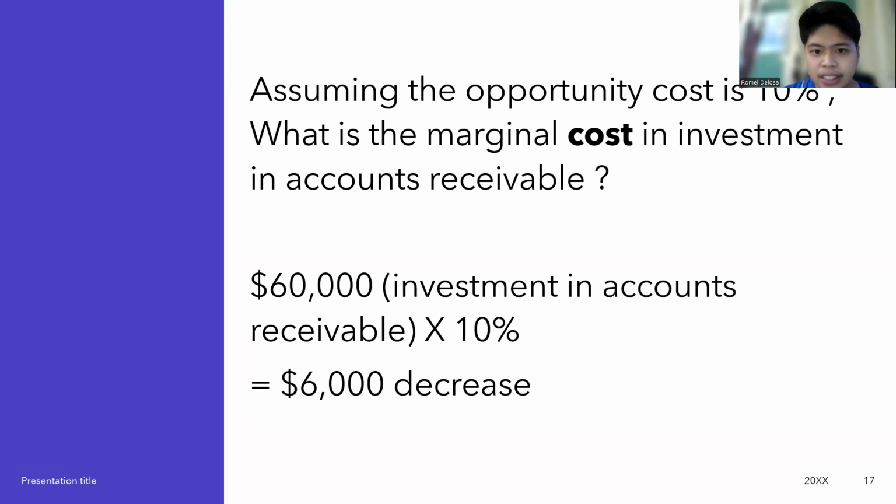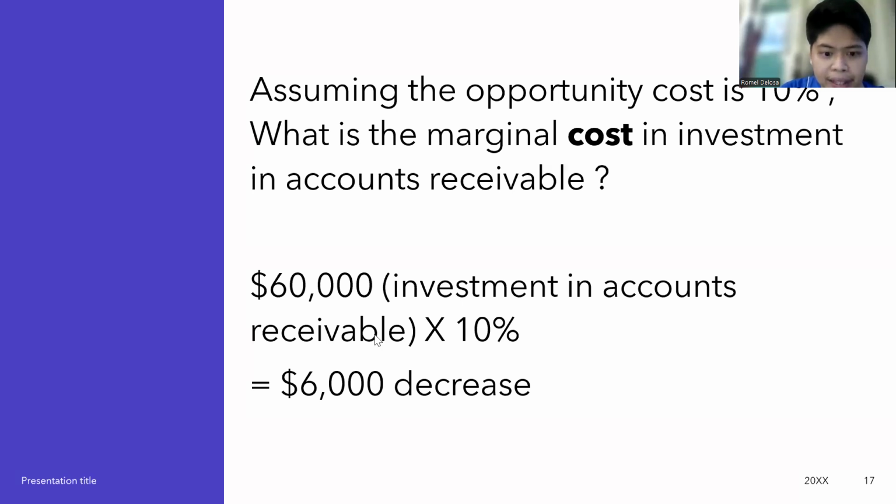So, that is the 60,000 investment in accounts receivable times 10%. So, the answer here is 6,000. How do we interpret the 6,000?